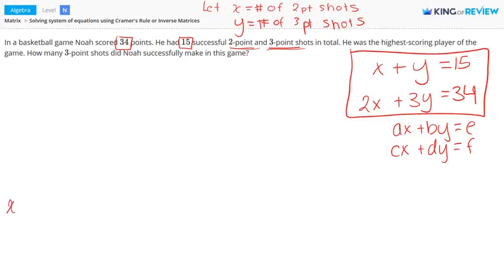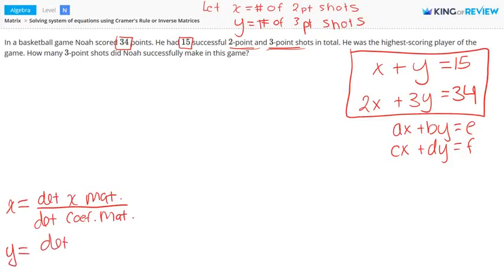And this rule says that x can be found by taking the determinant of the x matrix and dividing it by the determinant of the coefficient matrix. And likewise, y can be found by taking the determinant of the y matrix and dividing it by the determinant of the coefficient matrix.